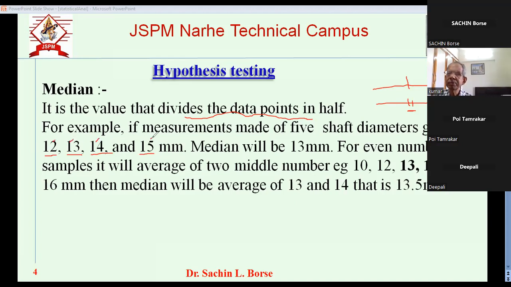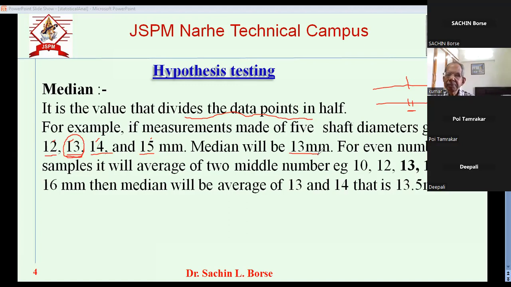So it is an odd count, and we have to pick the middle number. Here it is already arranged in ascending order. Since there are 5 numbers, the middle one will be the third one. So this is the median.